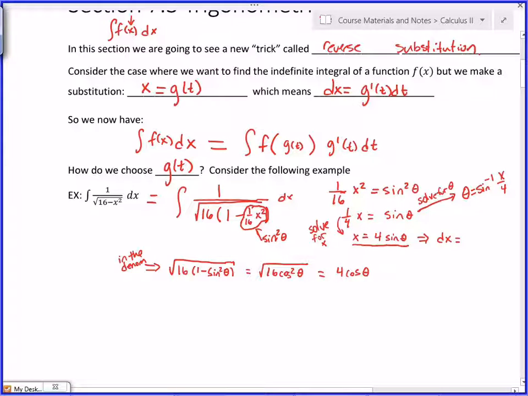If x is 4 sine of theta, then what's dx? You're going to have to make some flashcards. So I went the wrong way, didn't I? You did. Derivative of sine is cosine. Whenever I try to remember these things, that's the one phrase I remember.